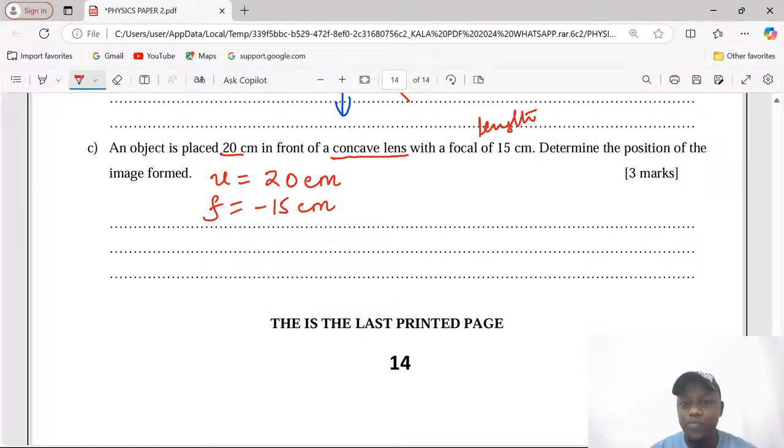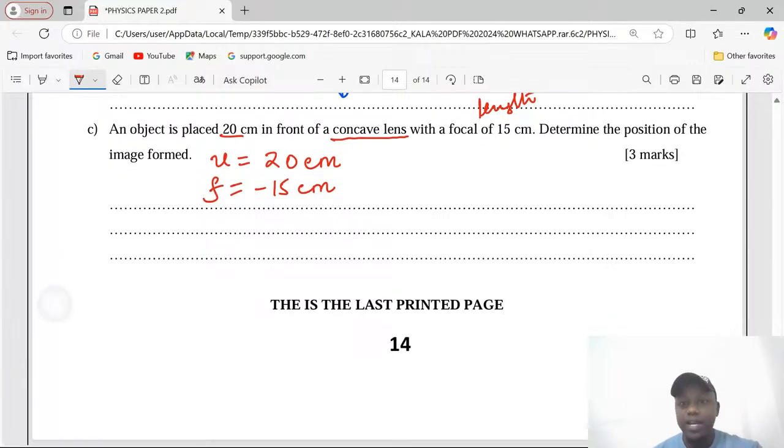Reason being that it is the distance from the optical center to the principal focus, and the principal focus of a concave lens is a virtual point. Therefore, the length has to be given a negative according to the real-is-positive convention.